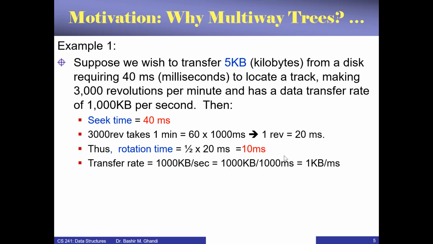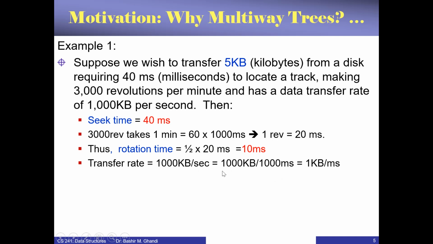Now, the last component. We are told our disk has a transfer rate of 1000 kilobytes per second. Again, since we have converted the other times to milliseconds, we should also convert this to per millisecond. The transfer rate is 1000 kilobytes per second, but 1 second is actually 1000 milliseconds.